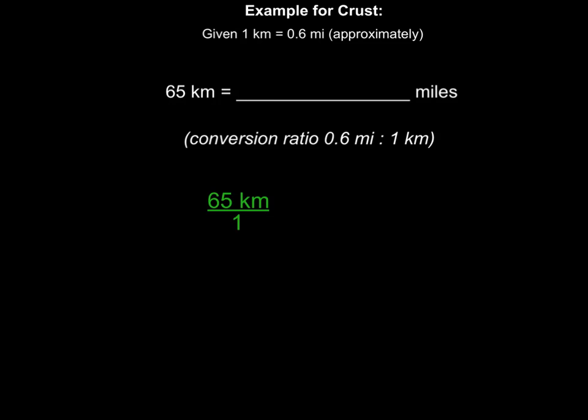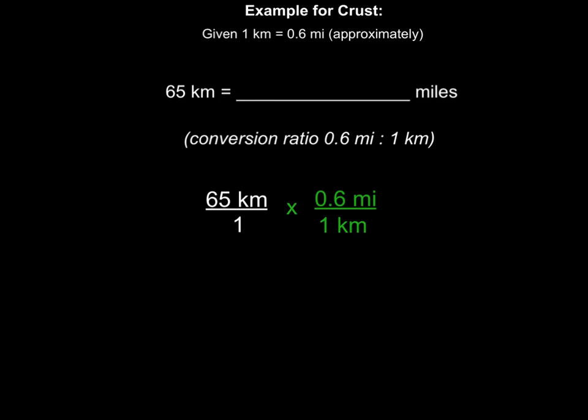So to begin, please write the 65 kilometers as a fraction. This is also known as value form because a value form just means fraction. Be sure you are copying everything that I'm writing. Now we're going to multiply a unit rate in a value form. So 6/10 of a mile to 1 kilometer is a unit rate.